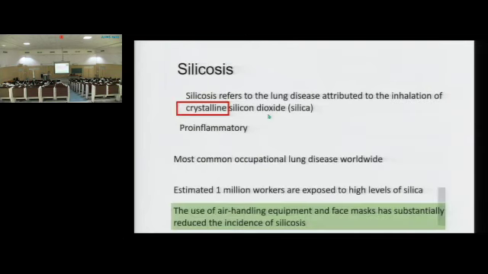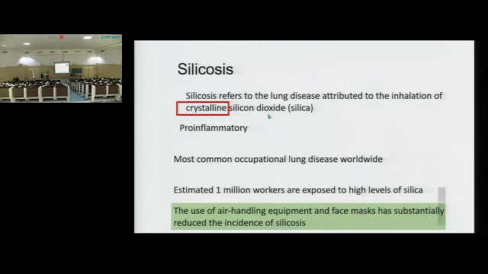So there are two forms of silica, I will tell you, crystalline and amorphous, right? Most of the symptoms, signs or disease of silicosis are caused by the crystalline form of silica, because these crystalline forms induce a pro-inflammatory reaction in the lung parenchyma.